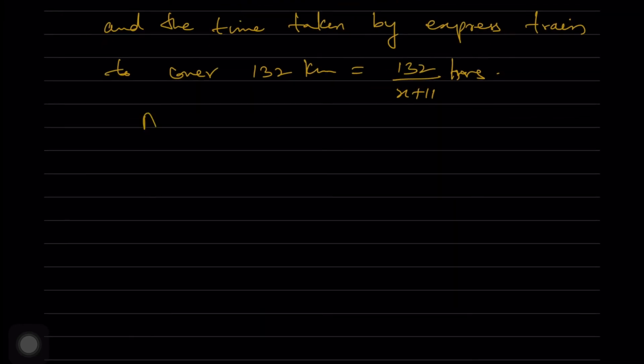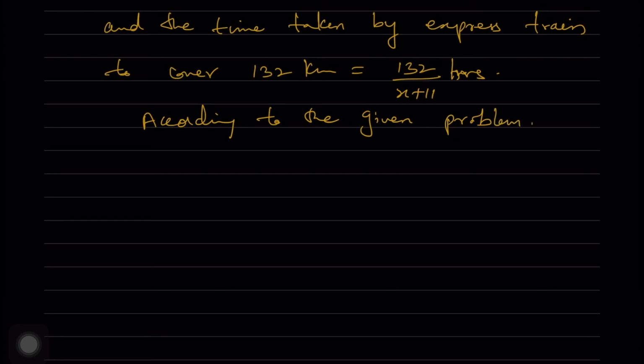So according to the problem, the average speed of the express train is 11 kilometers more than that of the passenger train. And also express train takes 1 hour less than the passenger train to travel 132 kilometers between Mysore and Bangalore.